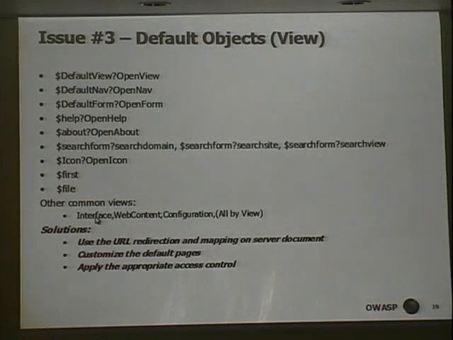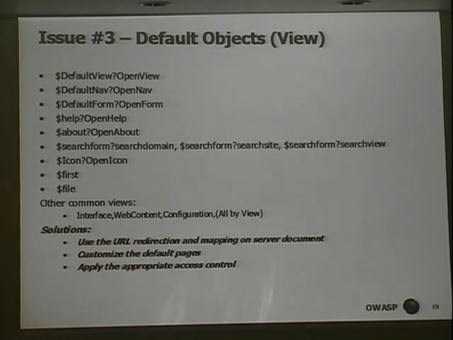Okay, besides the default databases, we also have some special objects. The first one is called default view. Default view, just like we mentioned before, will give you a list of all documents in the database, in categories as well.